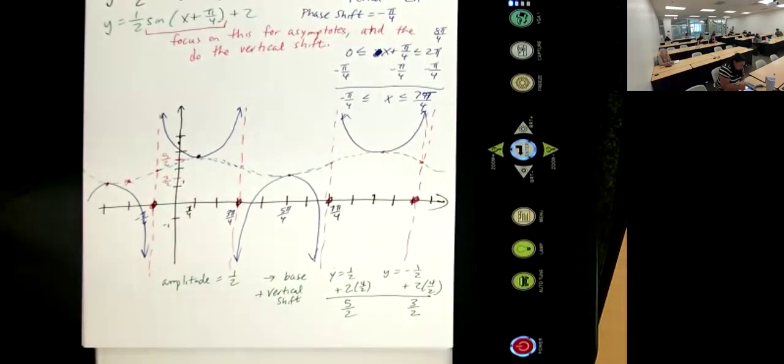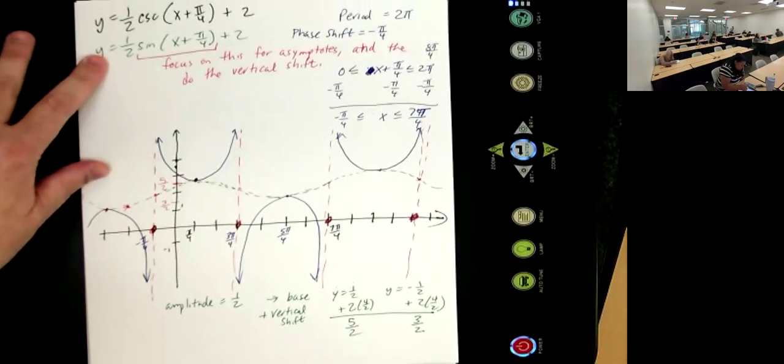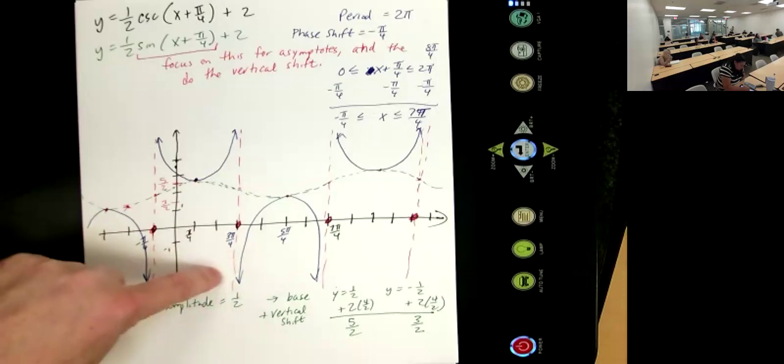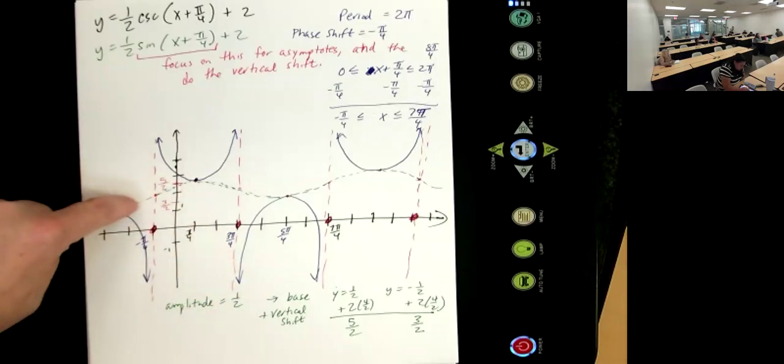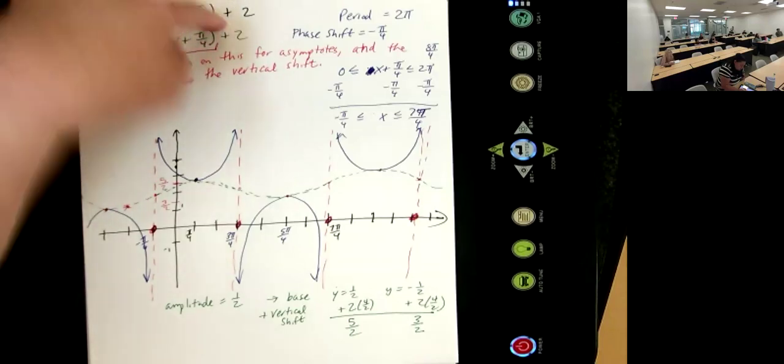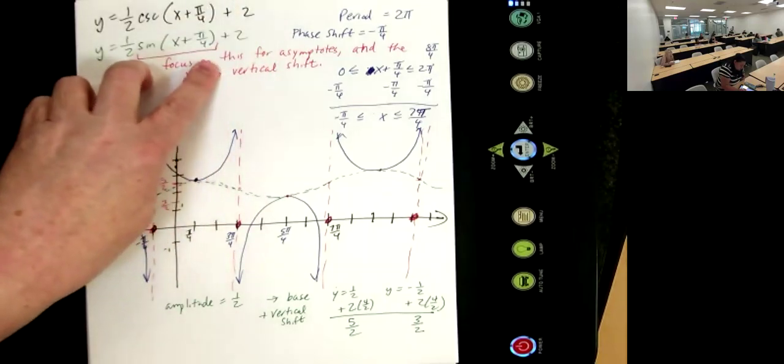Notice my sine graph never hits the x-axis. So y equals 1/2 sine of x plus pi over 4 plus 2 never equals 0. So if I try to graph this and do the asymptotes off this, it never hits 0, so it doesn't work. It's gotta be off just this base graph without any vertical shift.